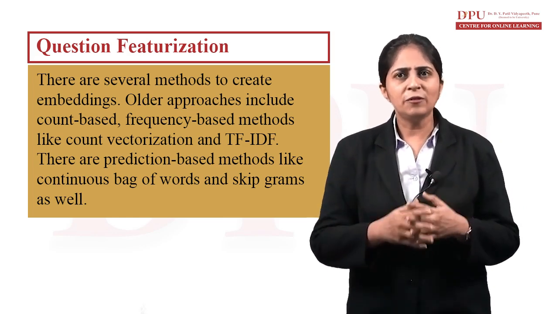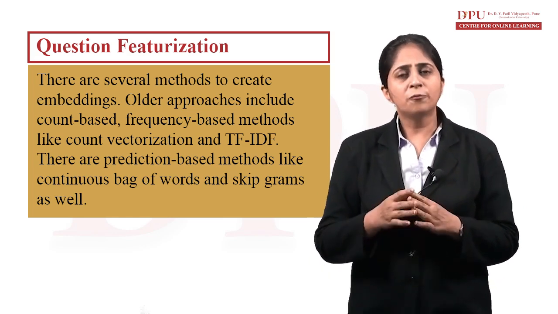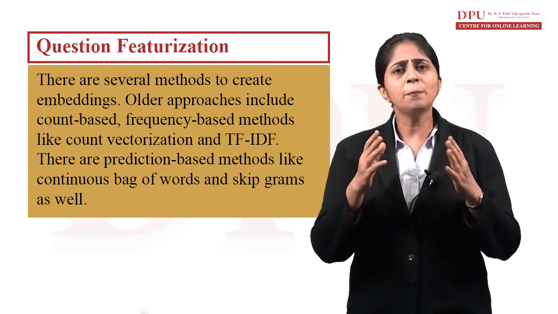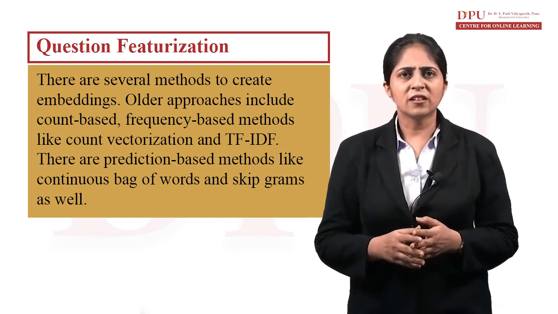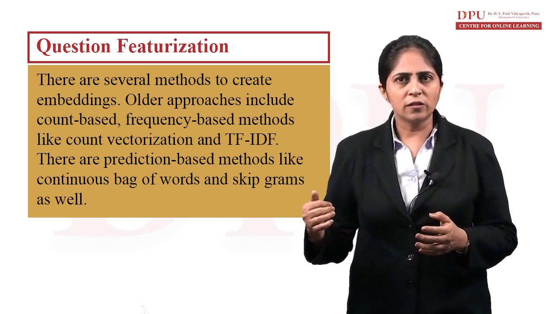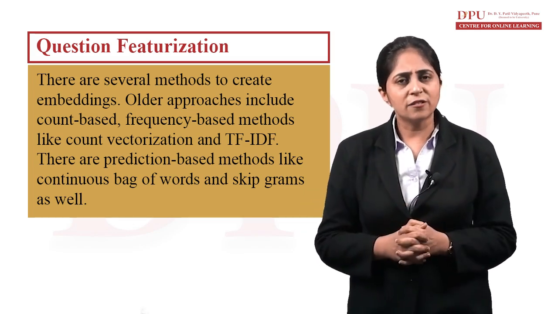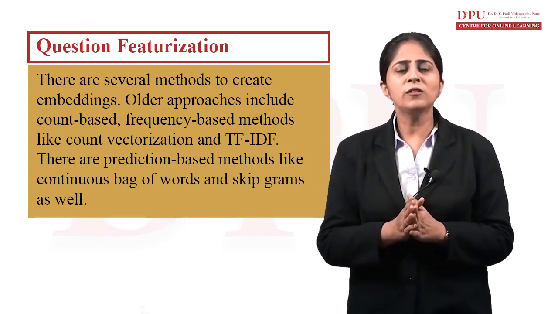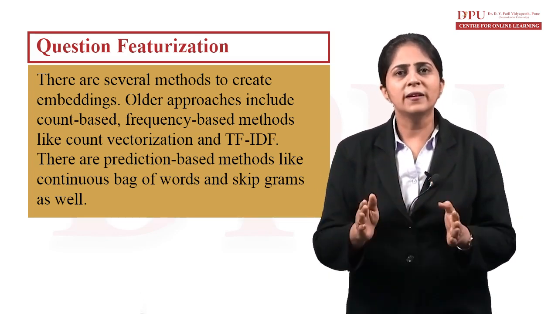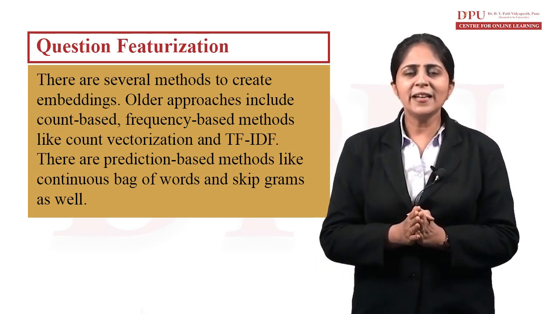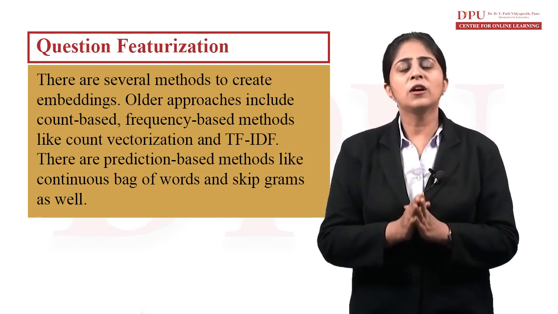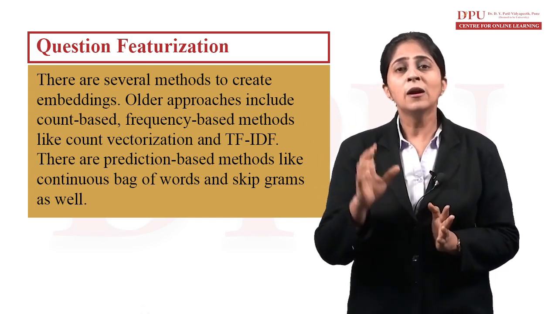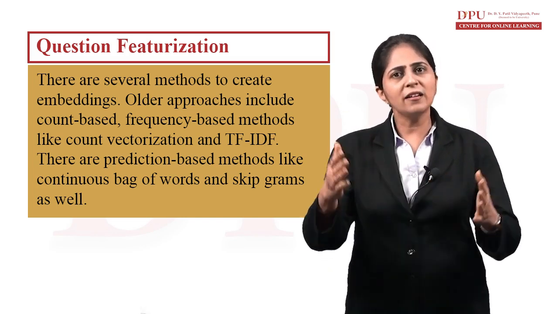These were the methods that we were earlier using for the purpose of question featureization. There are prediction based methods like continuous bag of words and skipgrams as well. These are a few methods which we use for the purpose of word embedding. Word embedding is the task of converting the text into some mathematical form which a neural network can understand.